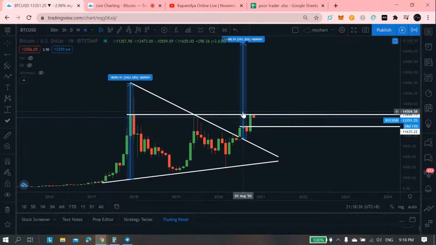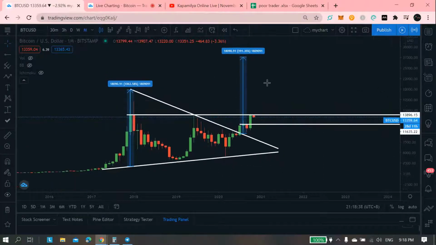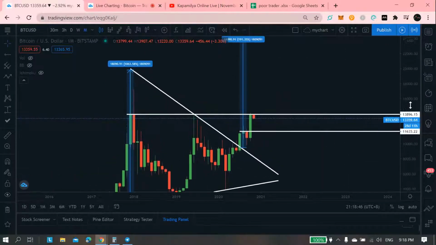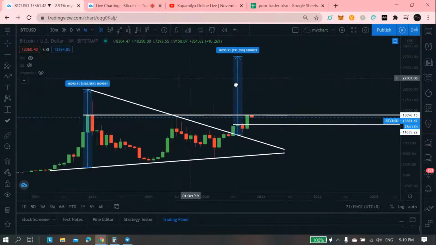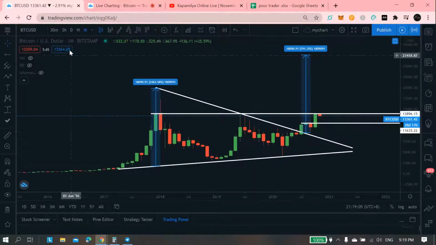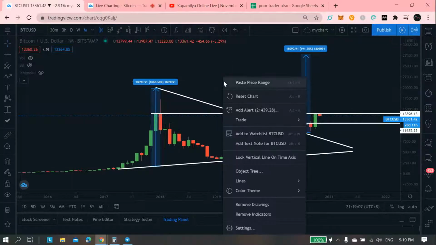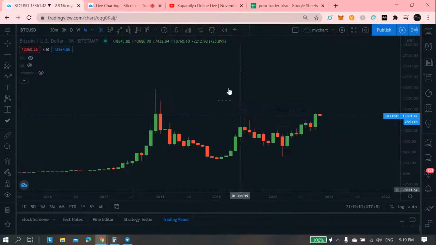So my long-term target is around this 27,500, currently at resistance of 13,900 area, that could possibly retest the monthly support of 11,600 area. So this is the monthly chart using candlestick.